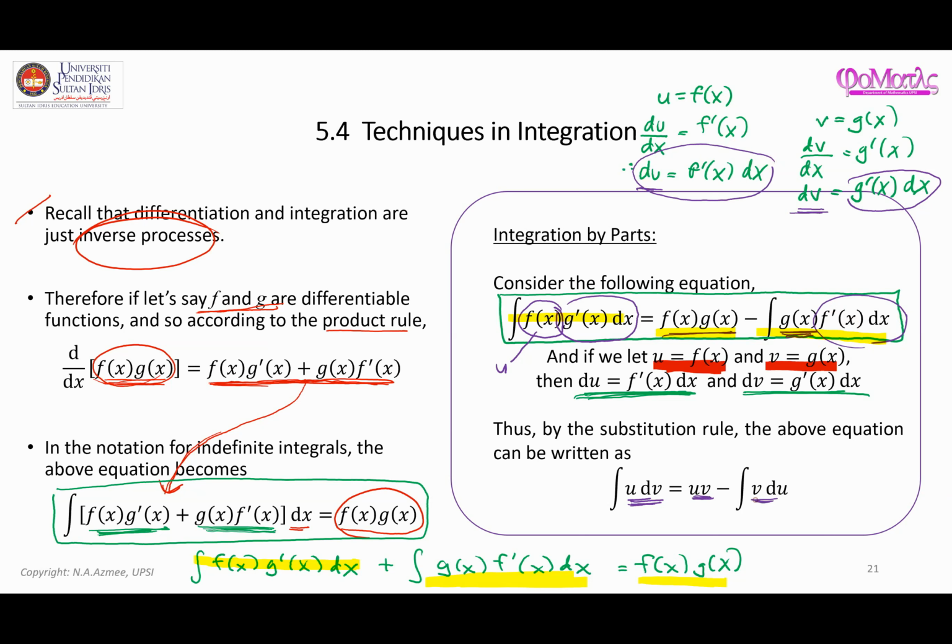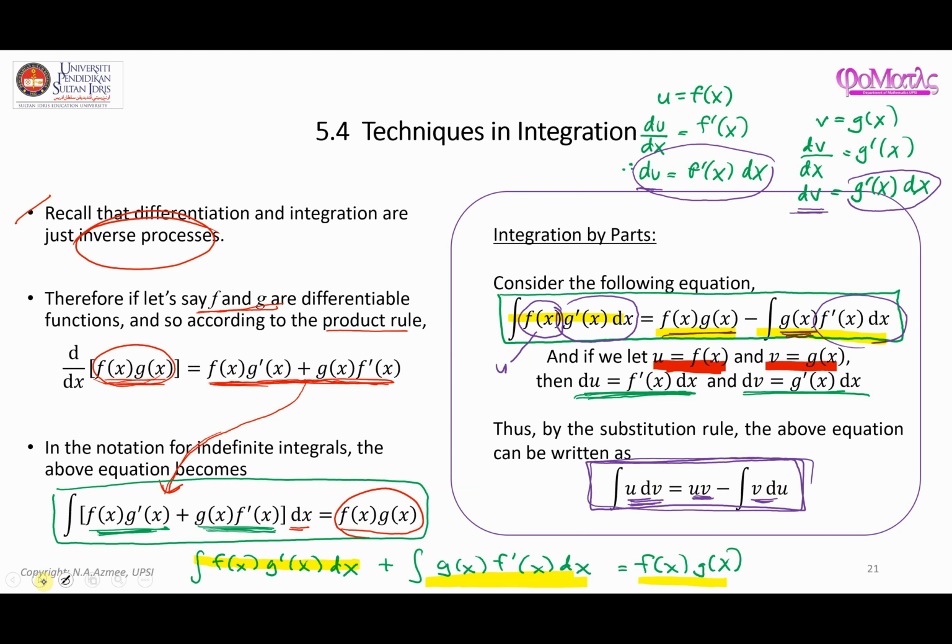So you have this formula, which has to do with the idea of integration by parts: the integral of u dv is equal to uv minus the integral of v du. That is how you remember the formula for integration by parts.